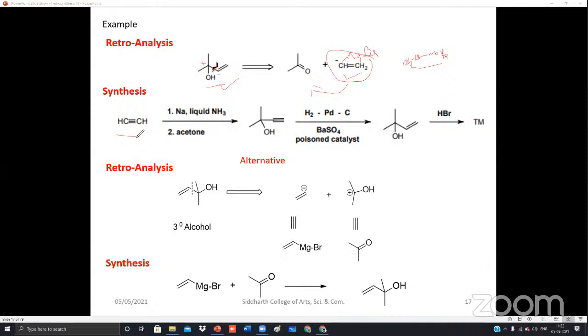If you treat it with any mild base, maybe sodamide, it will generate the nucleophile, because it has an acidic proton, because the carbon is highly electronegative because of the sp hybridization, and this will give addition across the acetone straight away. So this is an in situ reaction. Simply take acetone, add sodium metal in liquid ammonia and pass the acetylene gas. You will just end up with this.